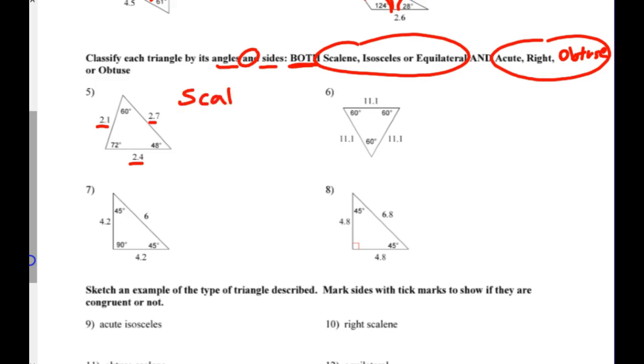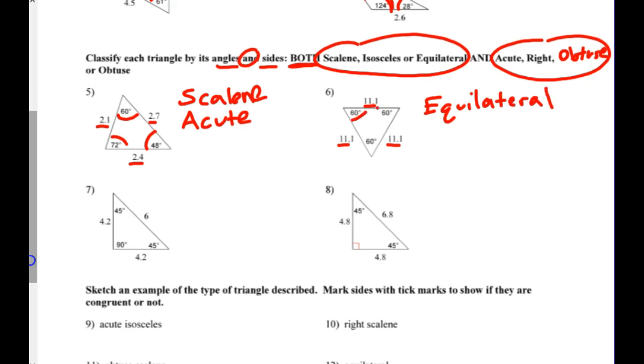Scalene. Every angle is less than 90. Acute. Number 6. Every side is equal. Equilateral. Okay, every angle is less than 90.